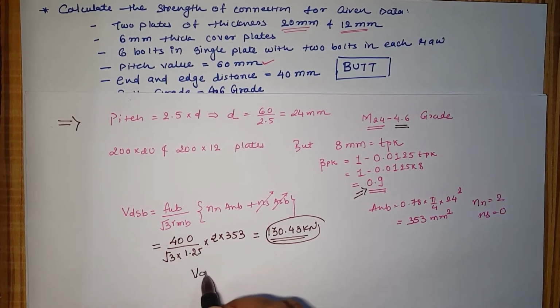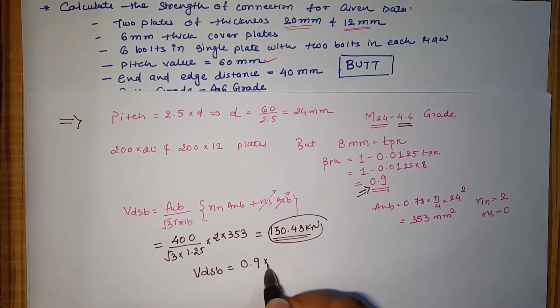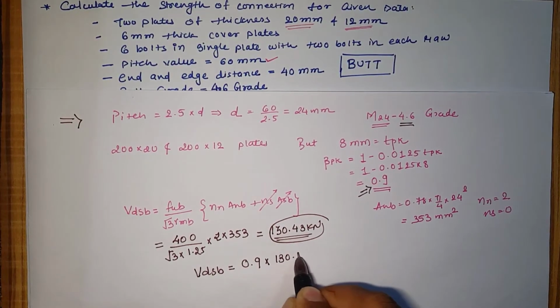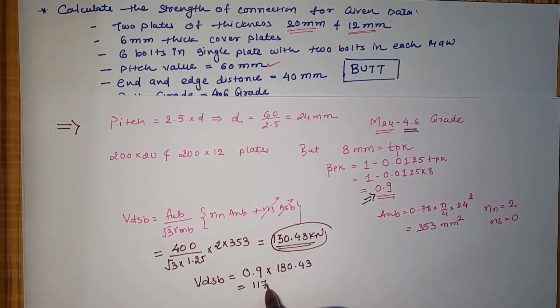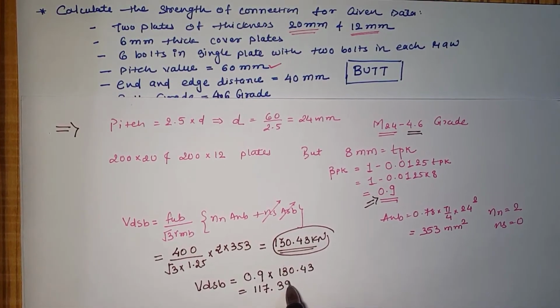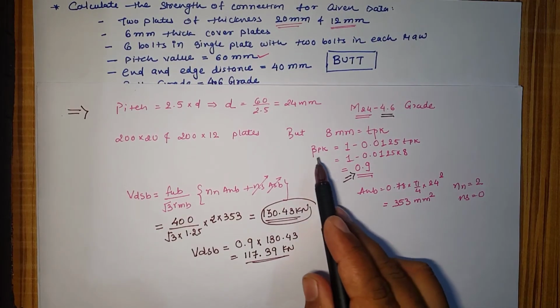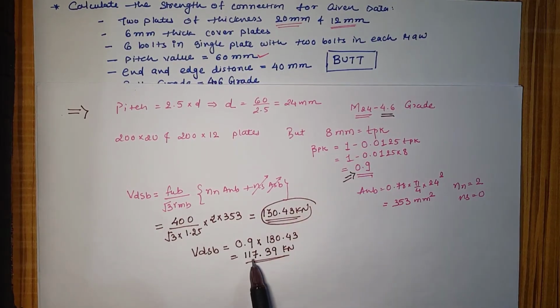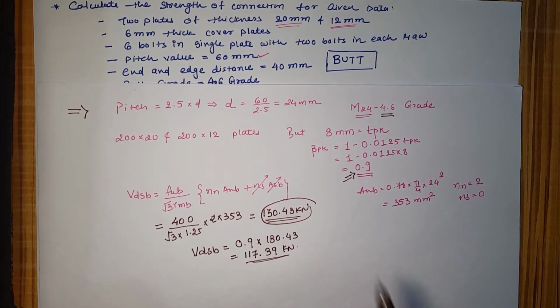So the VDSB equation is 0.9 into 130.43, which is 117.39 kilonewton. So after multiplying the coefficient of the packing plate, we have VDSB equal to 117.39 kilonewton.